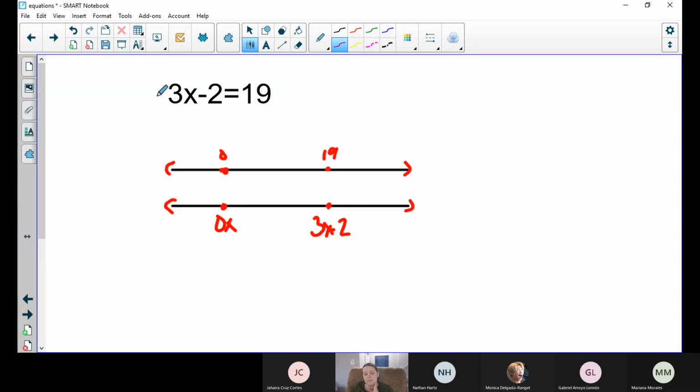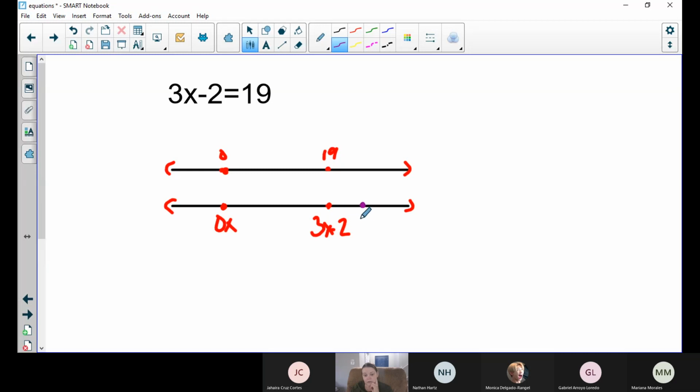So when I look at this problem, the first thing I want to do to solve this is to add 2, okay? Because to get to the answer, we subtracted 2. So I'm going to add 2 to figure out where I started.